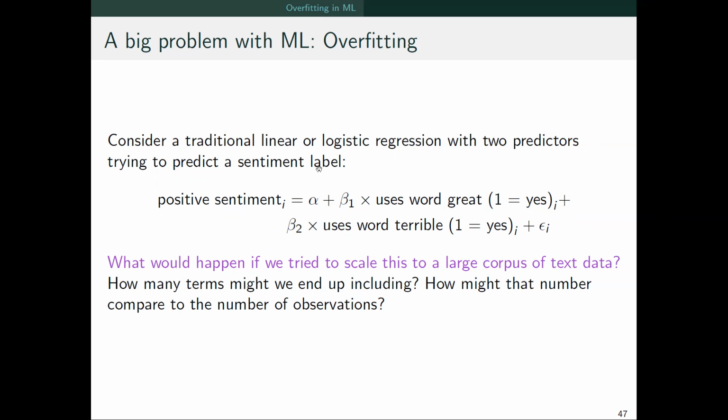So if we try to take this model and scale it to a huge corpus of text data, how many terms would we include? How would the number compare to the number of observations? Just think about this. So if you look at even a tweet, one tweet can have how many words? 20, maybe 30.